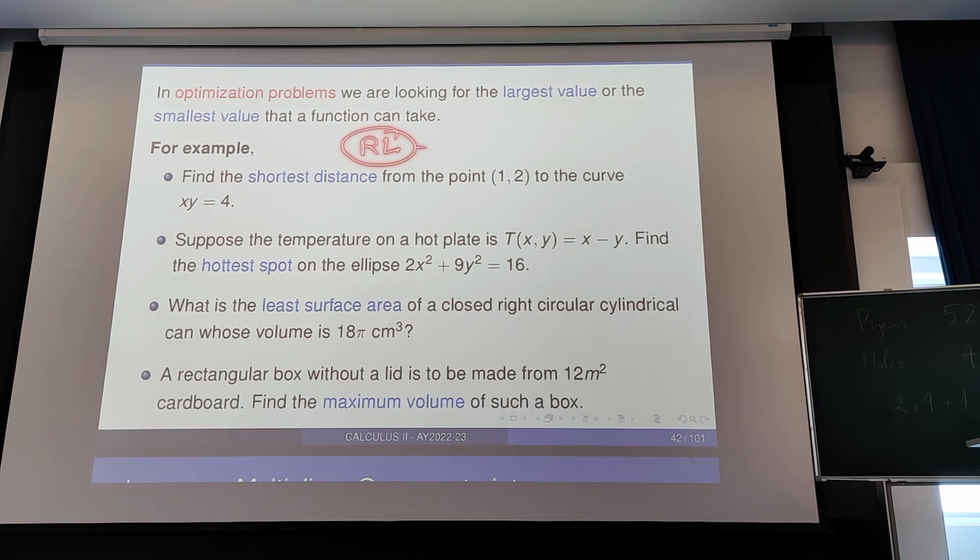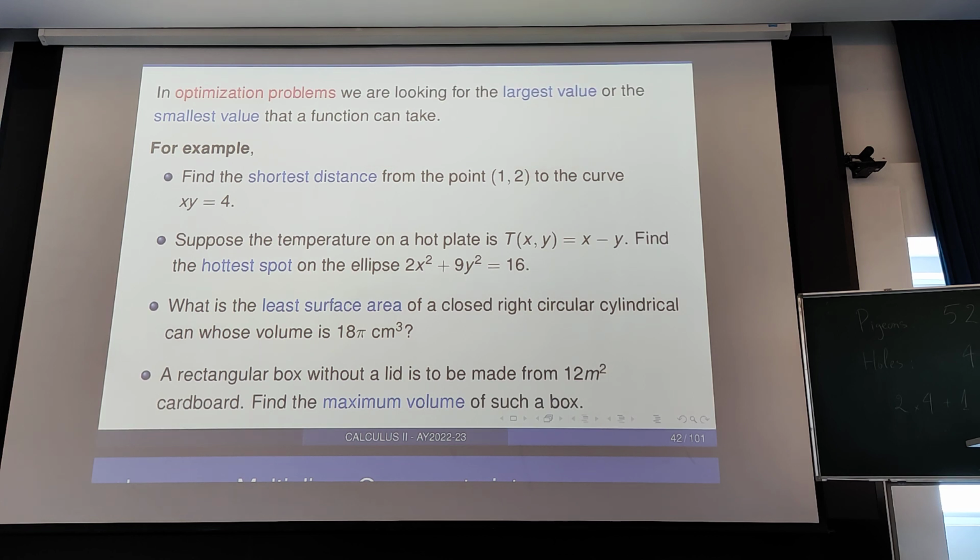Then we need to transform it and write it in the form of a mathematical problem. Then we have an optimization problem that we need to solve. So we are here in the second step, when we already have the mathematical form of an optimization problem.